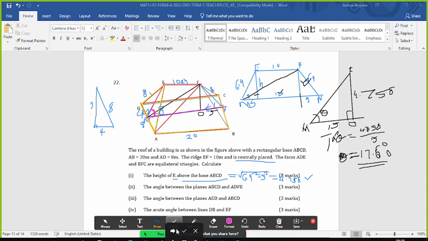So we can get a right angled triangle. From E, if I drop this line, it will meet line MN there.